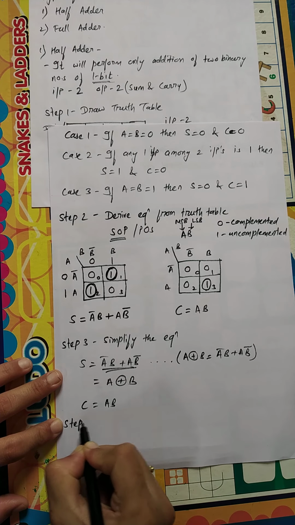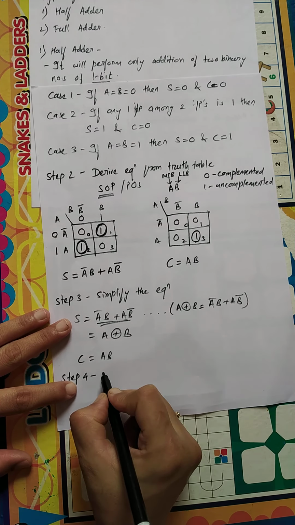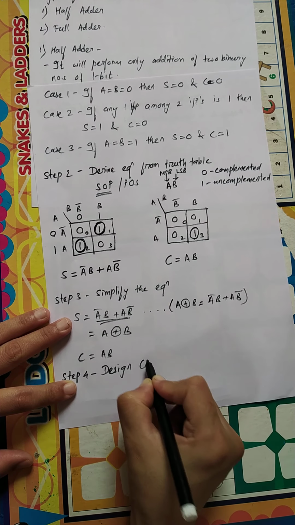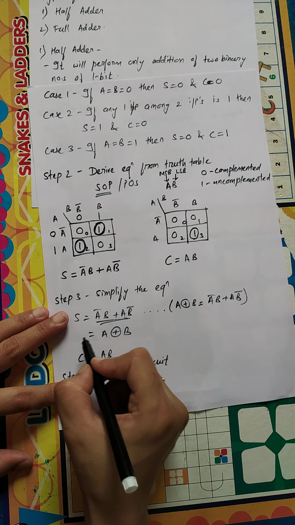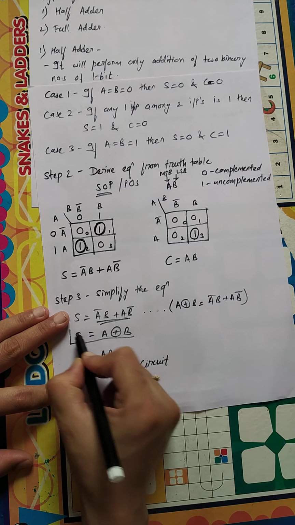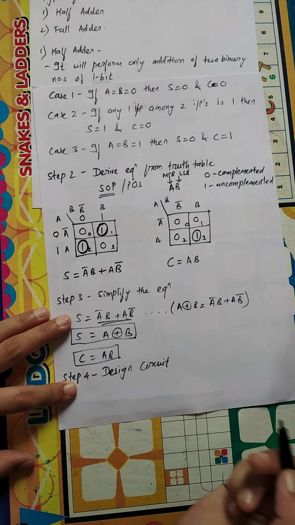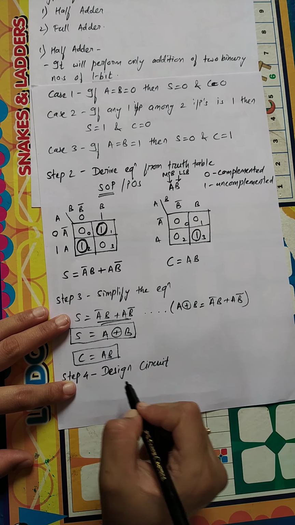Now step 4 is to draw or design the circuit. So this circuit can be designed by just using these two equations. Which gates are required for designing the circuit?